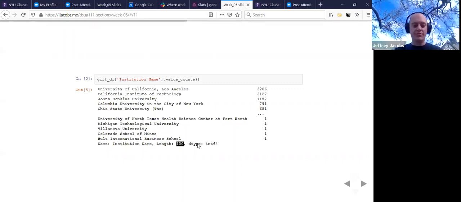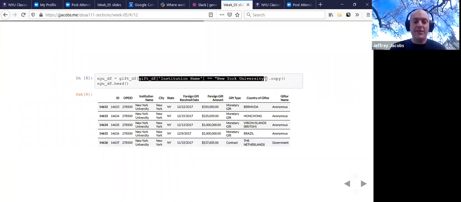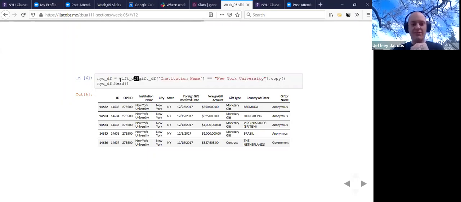Cool. And then the last thing I want to show you is, even though it looks really messy, this is just another example of that scooping operator that I talked about. We take gift df and we start a square bracket, right? So we're saying we're going to scoop something out of gift df.